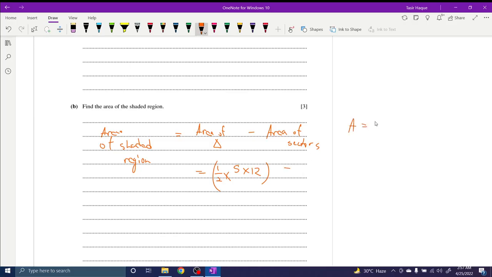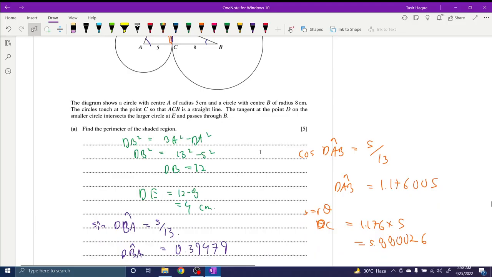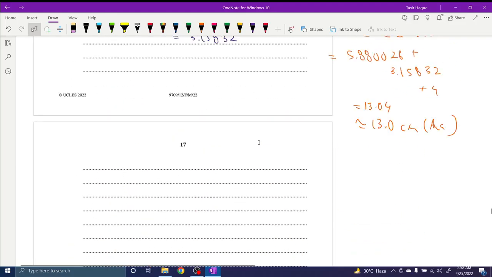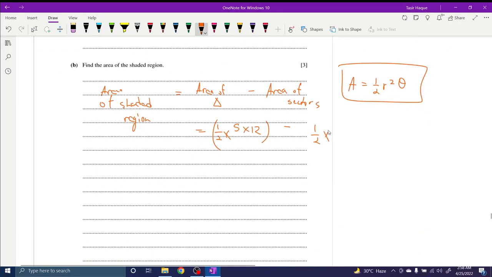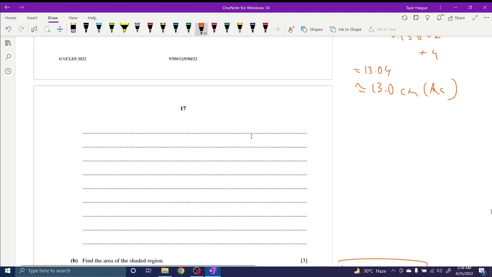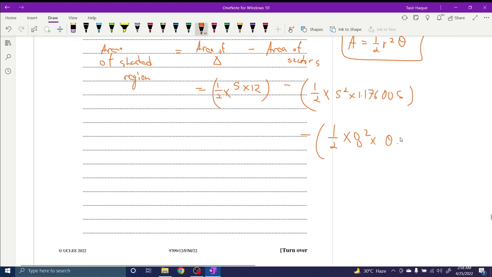We know that the area for a sector, the formula is half r square theta. So for the smaller sector, it is going to be half into 5 square into 1.176005. Now the bigger sector, half into 8 square into, what's theta? 0.39479. Or you could use your saved values.